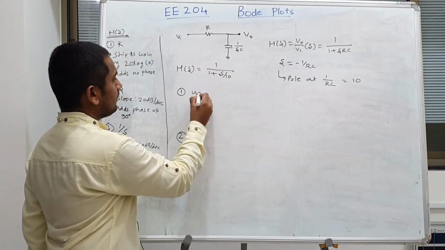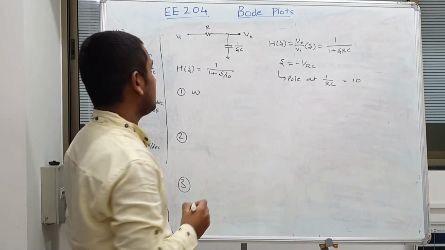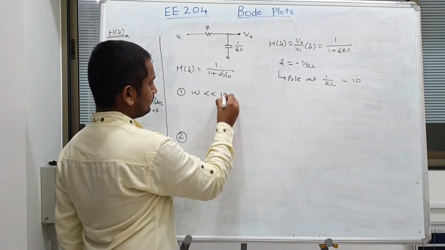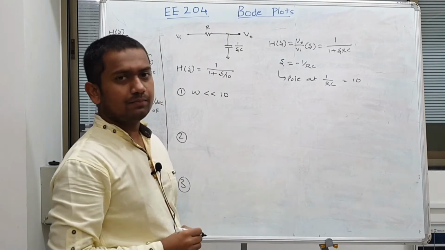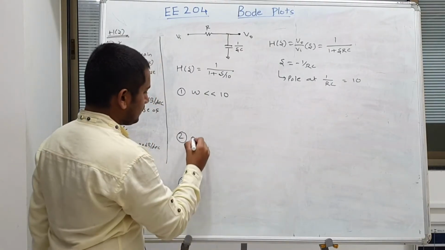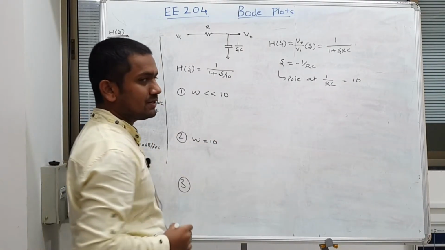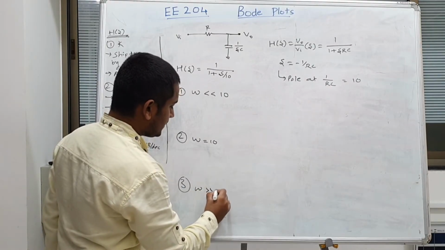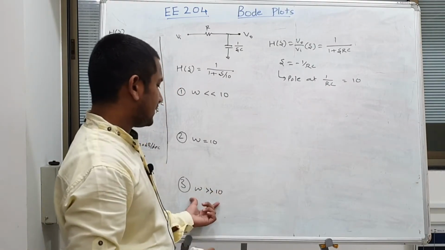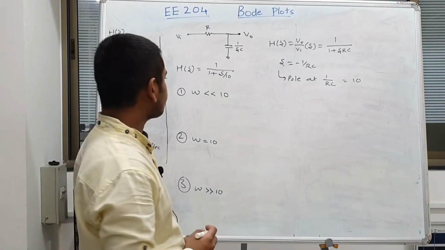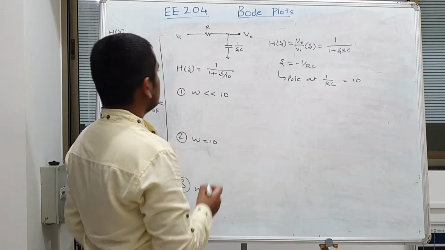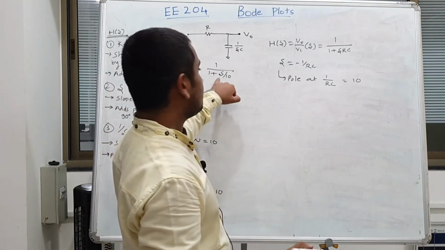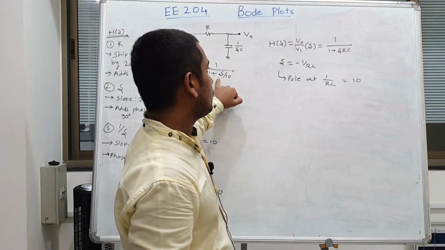One, when the frequency is much smaller than the pole frequency, when we are at the pole frequency, and when it is much higher than the pole frequency. The first step in a Bode plot is to substitute s with j omega.